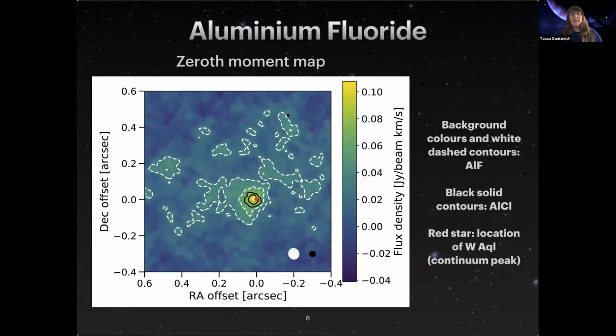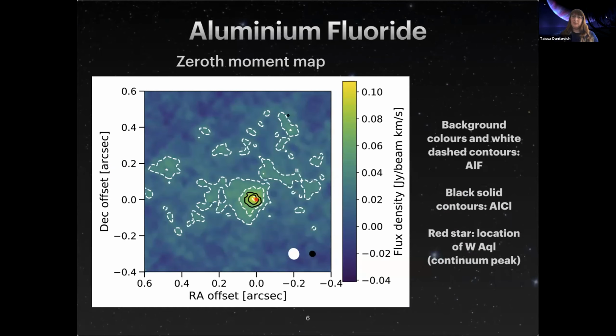Aluminium fluoride turned out to be a bit more of a problem, observationally speaking. While we had a bright region in the center, sorry, in this plot, I should say the colors and the dashed white contours represent aluminium fluoride.